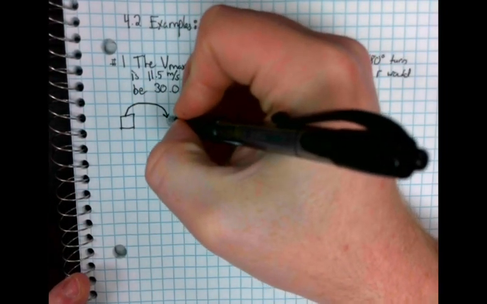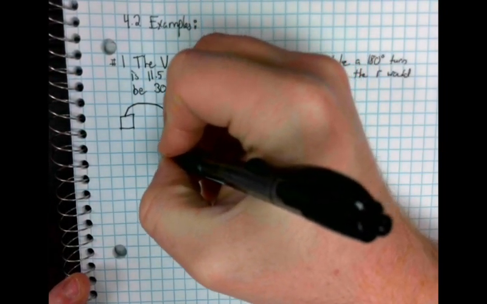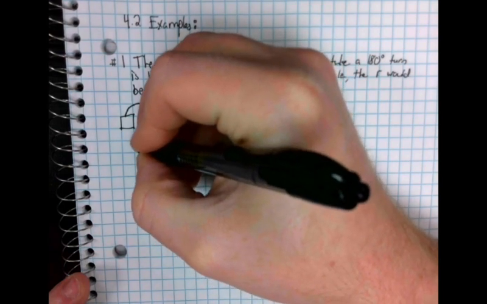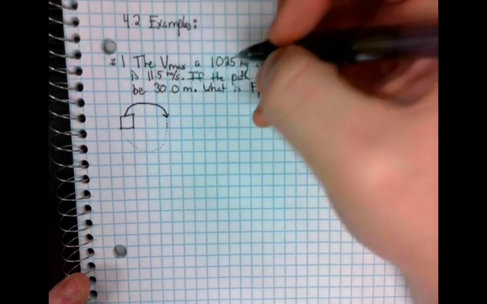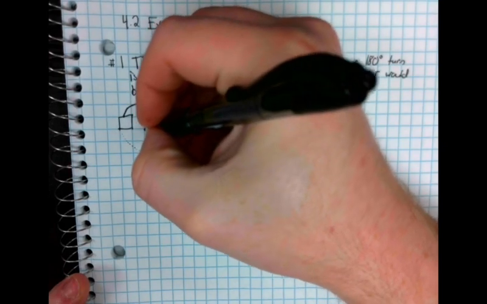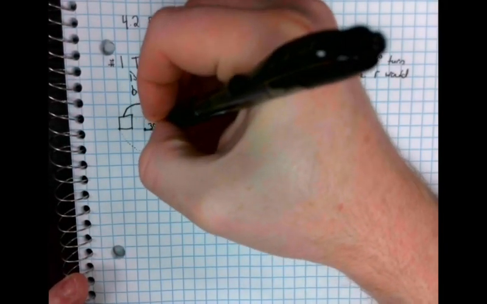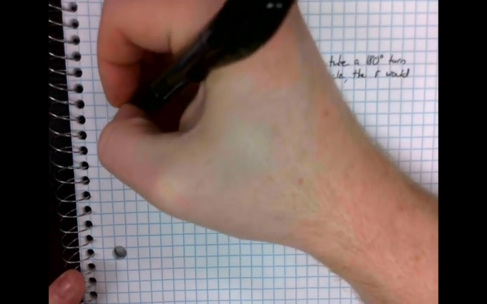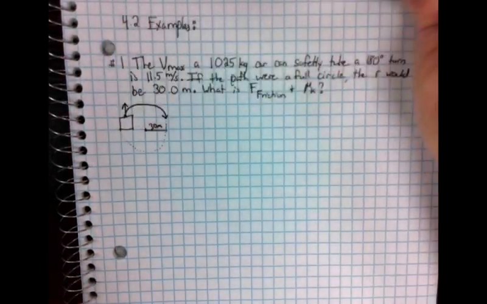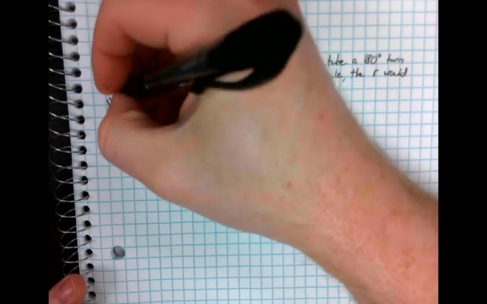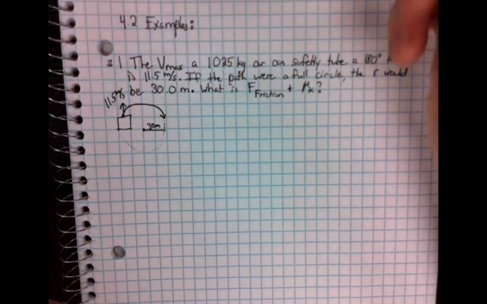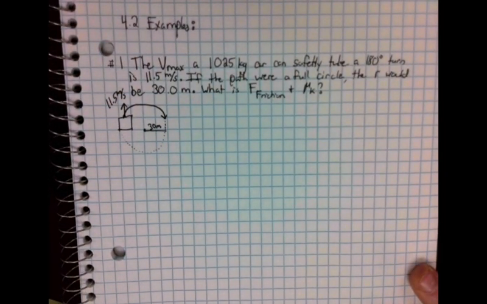And we know that if we were to expand this into a full circle, it would have a radius of 30 meters. It's traveling in this direction at 11.5 meters per second, and we know its mass is 1025.